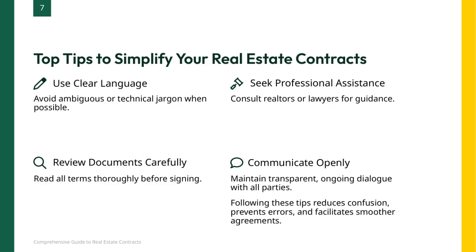Make sure to read every term thoroughly before signing anything to fully understand your commitments. Lastly, communicate openly throughout the entire process. Keeping a transparent and ongoing dialogue with all parties helps prevent misunderstandings and makes the transaction smoother. By following these tips, you can reduce confusion, avoid errors, and ensure a more efficient and successful contract experience.